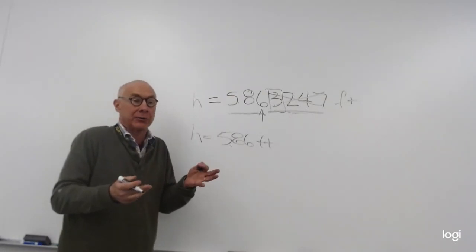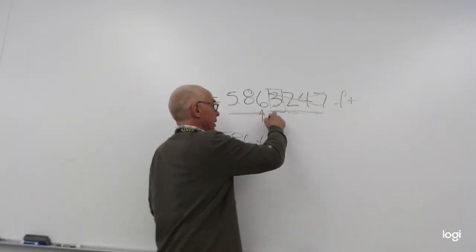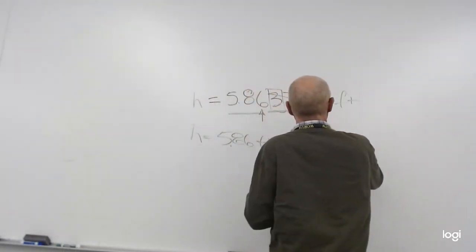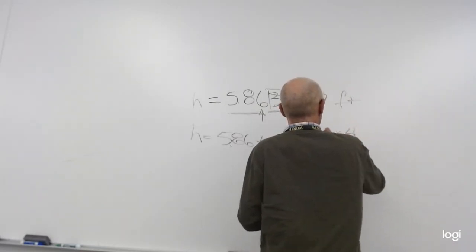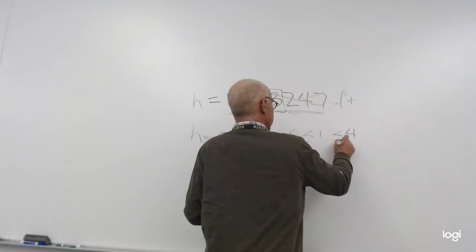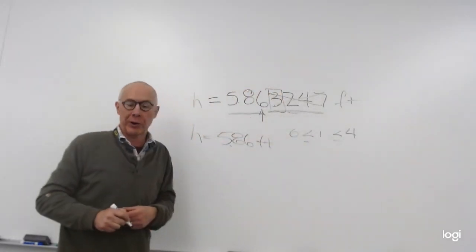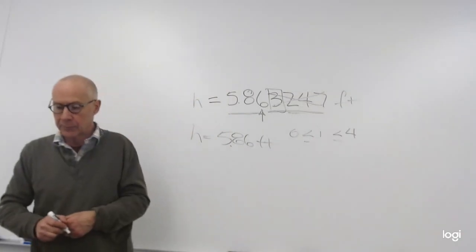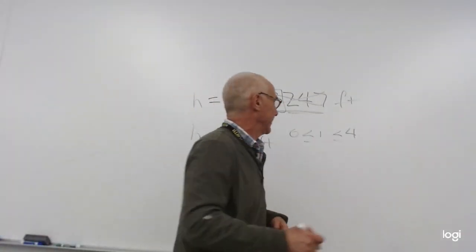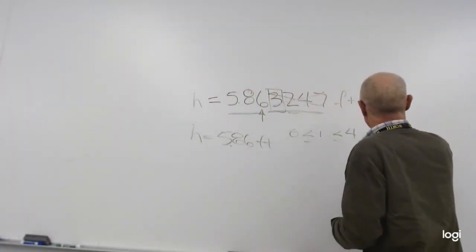Basically the standard rule is, if this digit here, I'll call it I, is between 4 and 0, then we're going to round down.